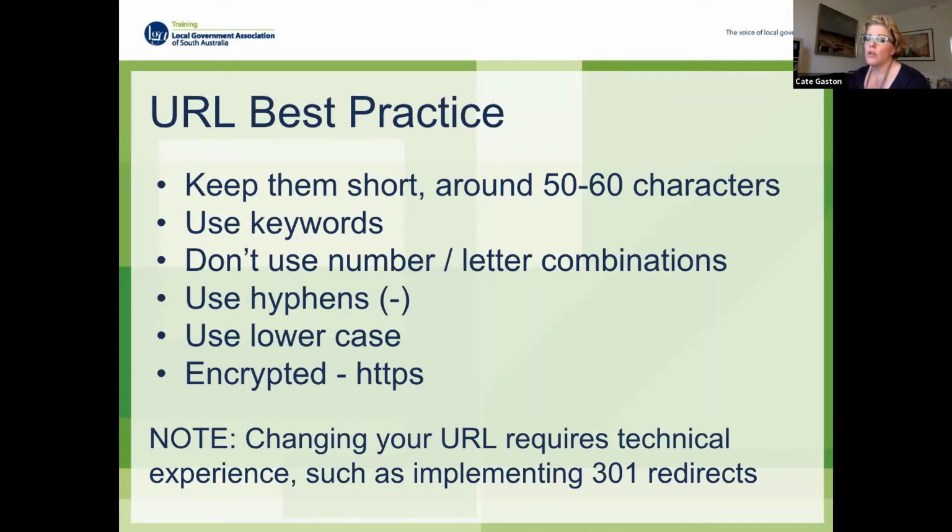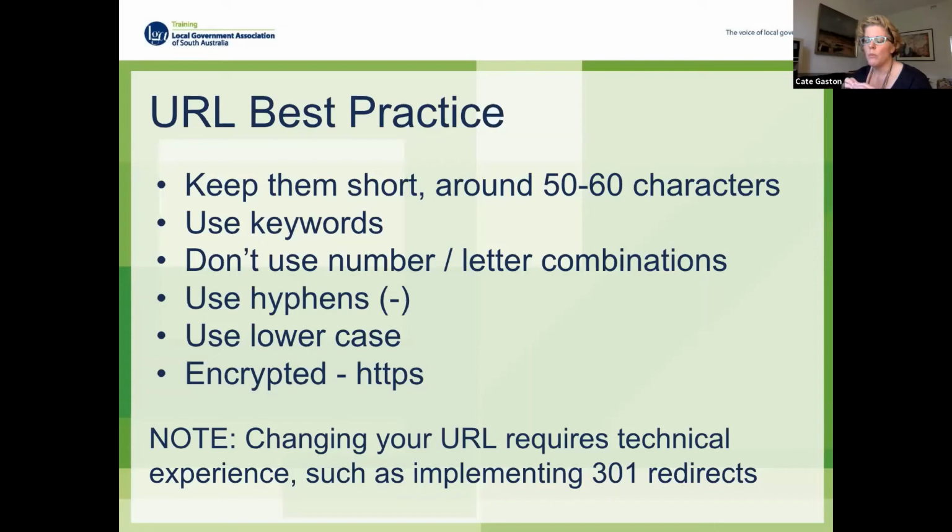Again, use keywords in the URL, because again, it's all about making sure we've got the right terms up high and prominent. Don't use numbers or letter combinations, because that means nothing. People don't search using letters or number combinations, they use whole words. Don't use underscores, use hyphens if you need to, and don't run words together.